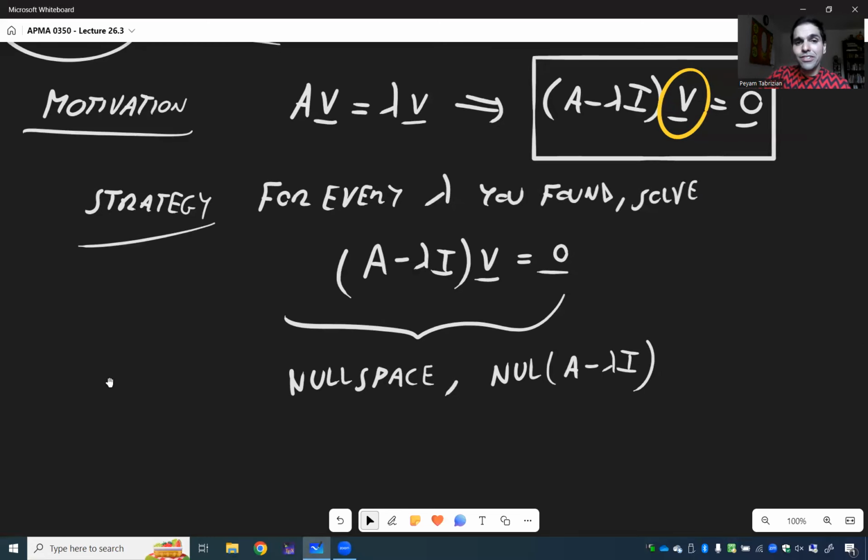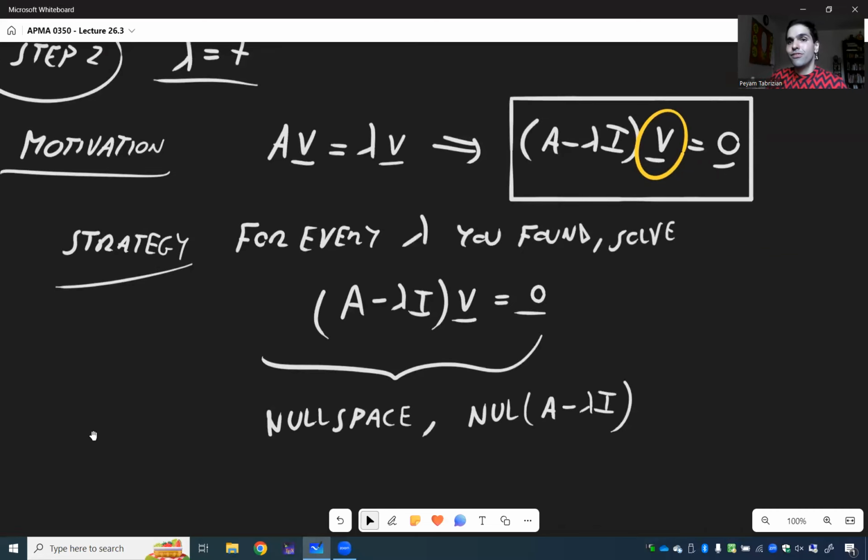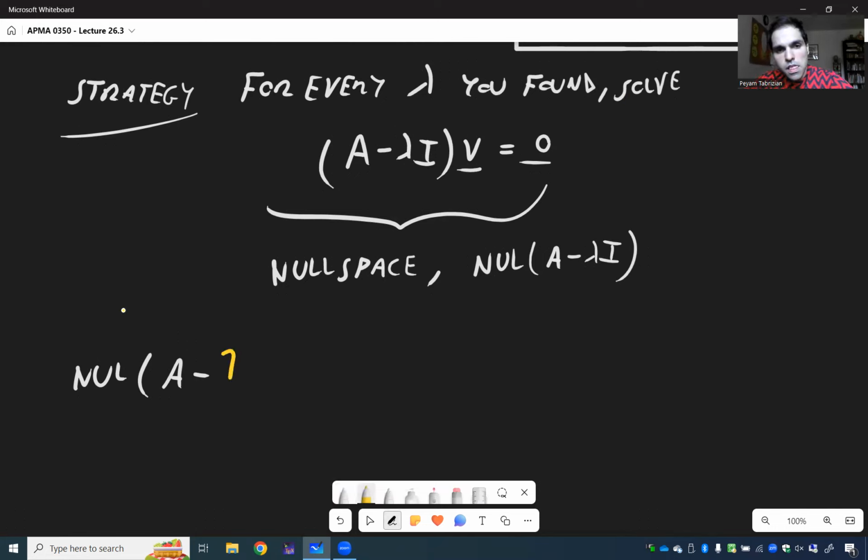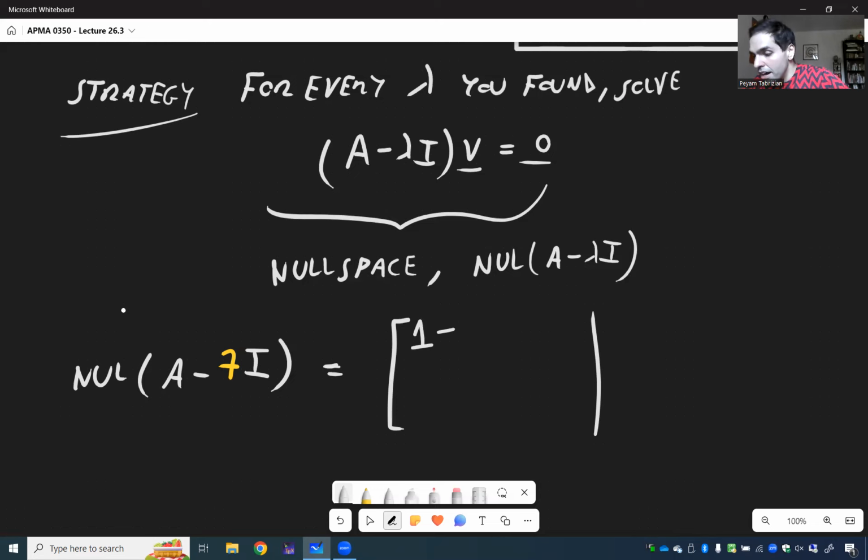Okay, so let's do this. Again, it looks so weird if you've never seen this, but we'll do it many, many times. So let's do null of A minus 7I, since in this case lambda was 7. The way you write this, you put your matrix on the left-hand side. A minus lambda I was 1 minus lambda, 6, 5, and 2 minus lambda.